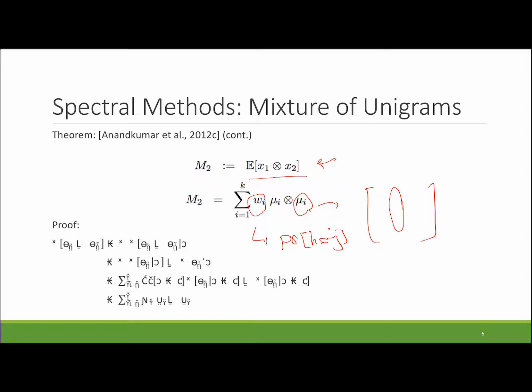So let's take a look at the proof that is kind of not observable, but I'm going to write it down here, right? So let's expand this x1 cross x2. This is equal to the expected value of x1 cross x2 given h.